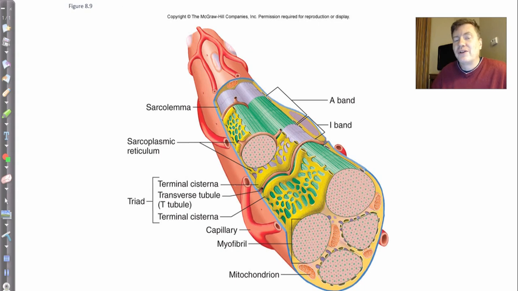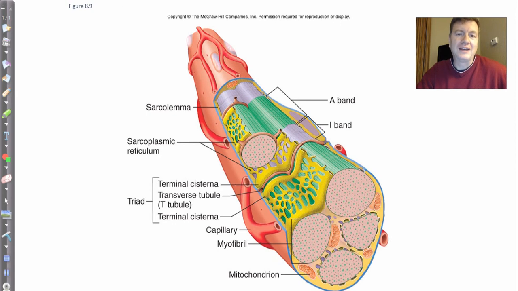So a couple final slides to kind of get you thinking about what happens next. We said, okay, if there's going to be a contraction, it could only be a contraction if what is available? Calcium. Where is calcium? Calcium is going to be stored inside this yellow series of tubes. This is the sarcoplasmic reticulum. This is a calcium storage site.